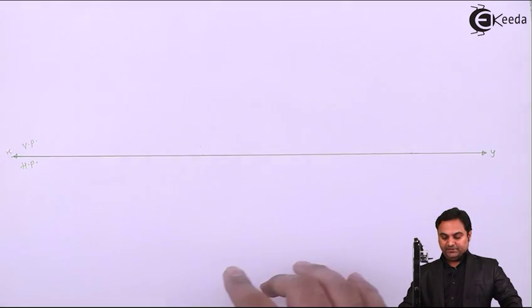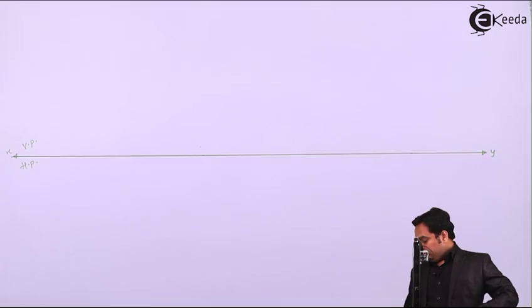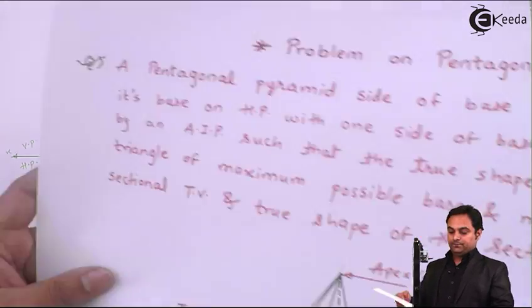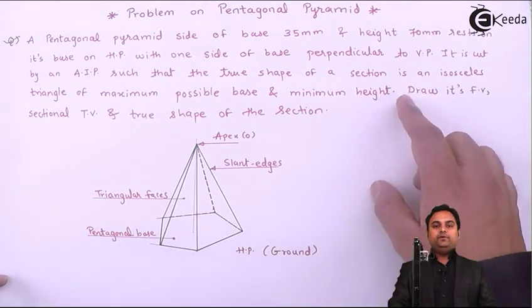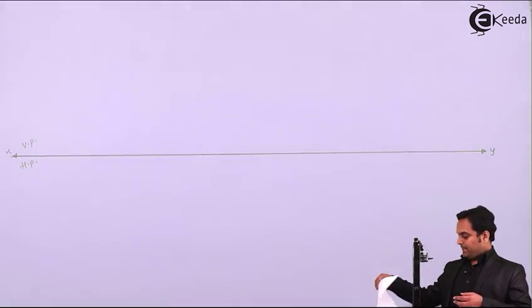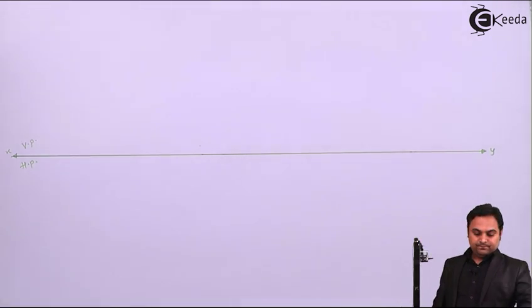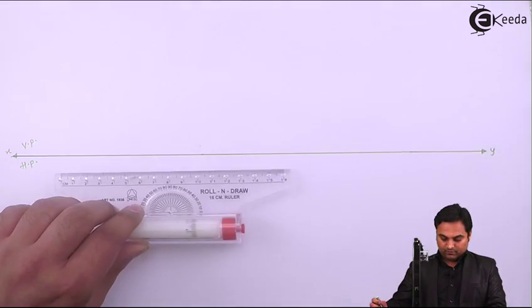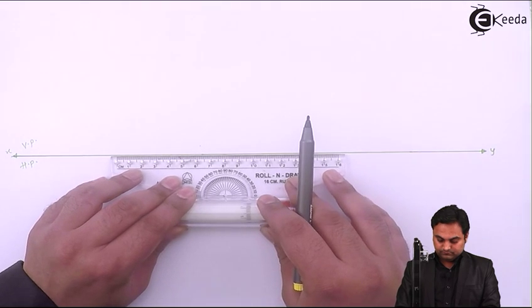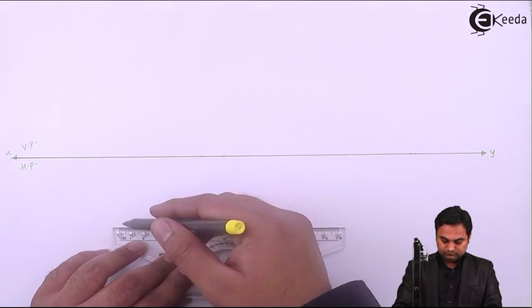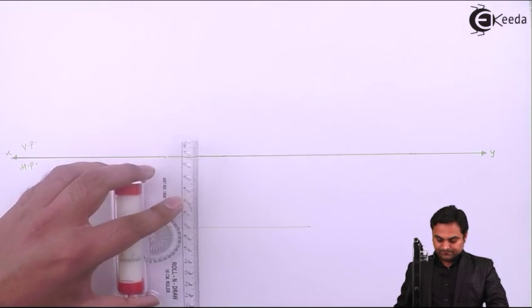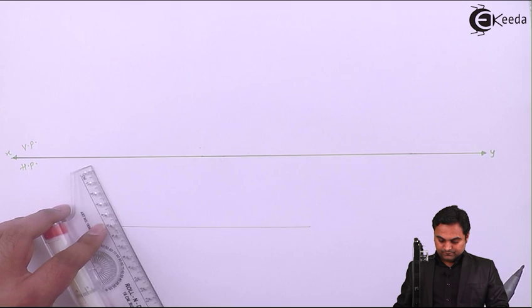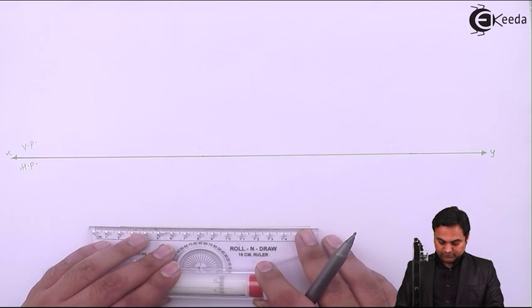Now here I have to draw the pentagon in HP, but the condition is with one side of base perpendicular to VP. So how to draw that I'll explain here. Light horizontal line, and then I'll plot it little bit below.